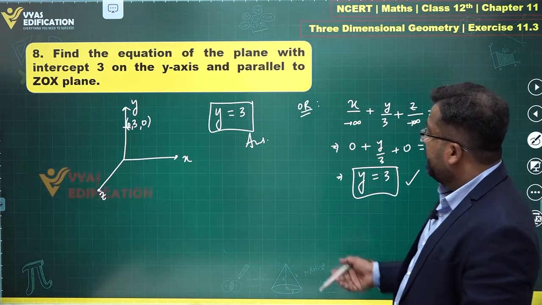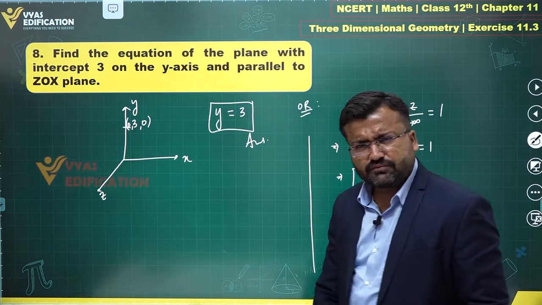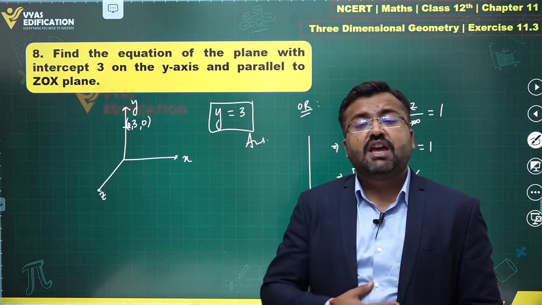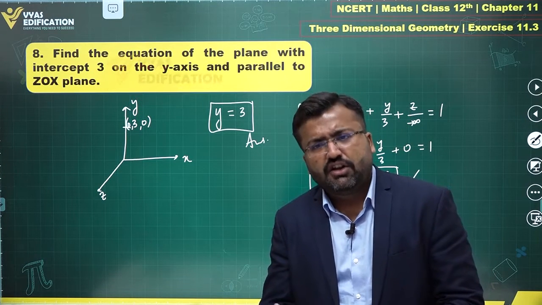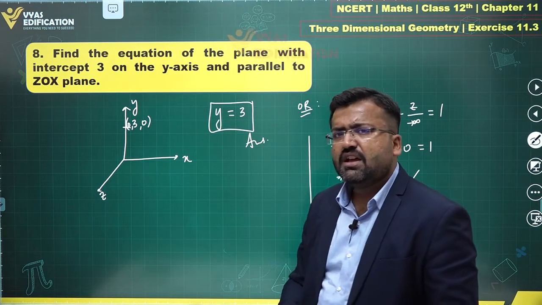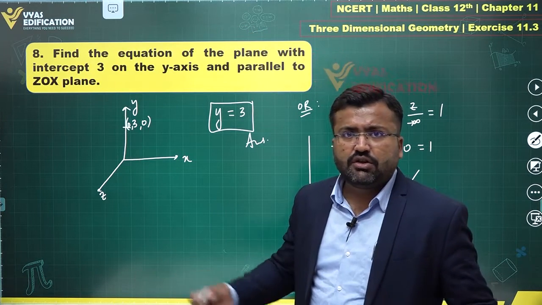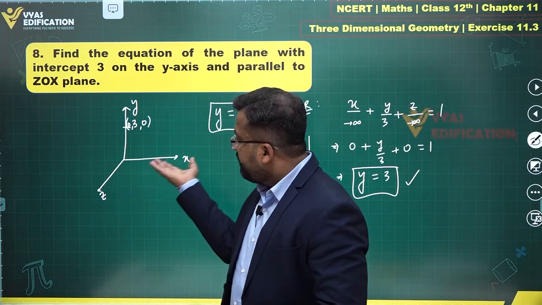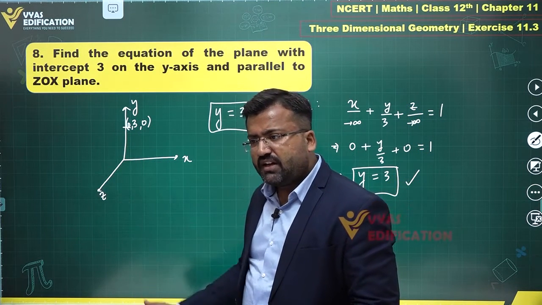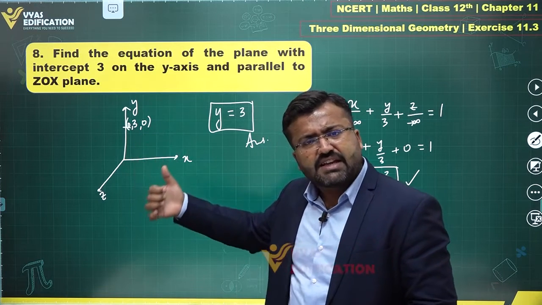There's another way of dealing with this. Since the plane is parallel to the ZOX plane, instead of applying concepts of intercepts, I can also think of applying r dot n, in terms of the normal vector. There's a point already given. If I can find the normal vector, I'll be good to go. Any vector perpendicular to the ZOX plane will be my normal vector, and that is along the y-axis.